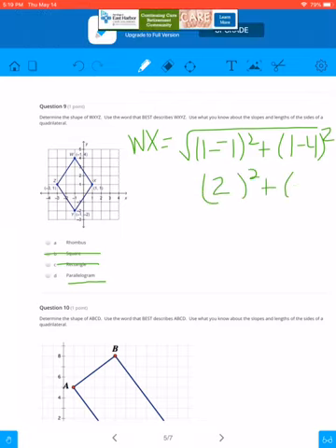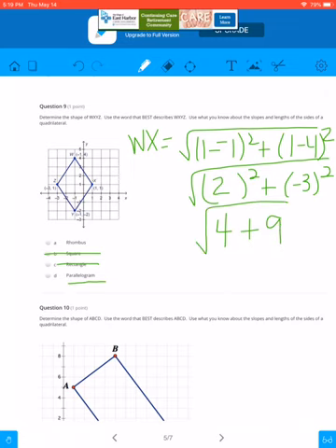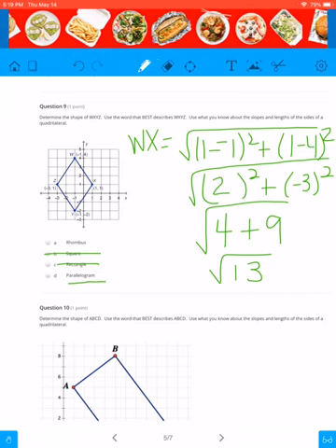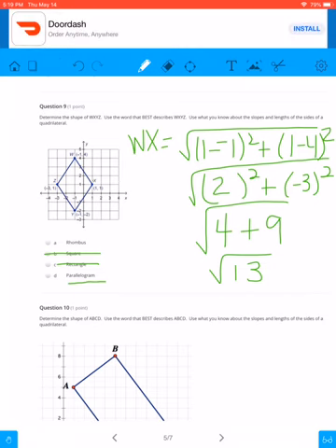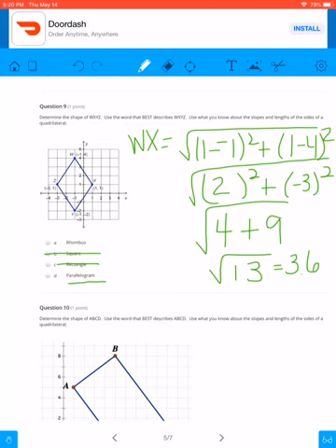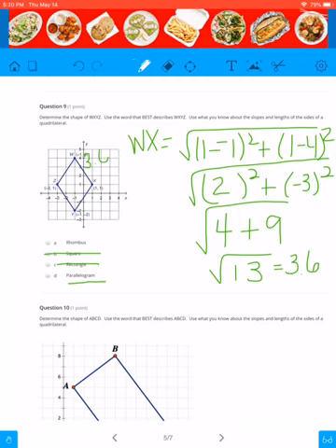You subtract, you get negative 3 squared. So you'd end up with 4 plus 9. And when you add the 4 and the 9, you get 13. So you do the square root of 13. And when you calculate that, the square root of 13 is 3.6, like in the last question. So the distance here is 3.6.